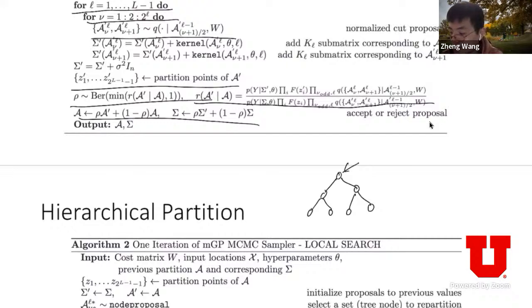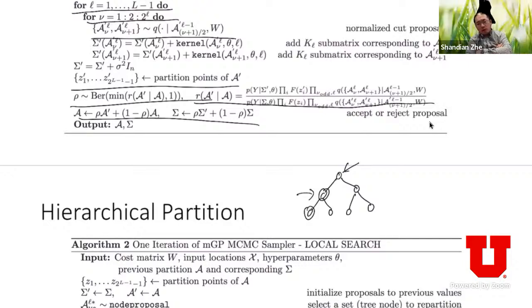And if you just select an intermediate node or a leaf node, you just need to repartition the leaf node and its corresponding descendants. But how do you know other nodes? I mean, you need to use a proposal distribution to generate the partitions, the whole partitions, right? Yeah. Or in other words, to generate the tree.